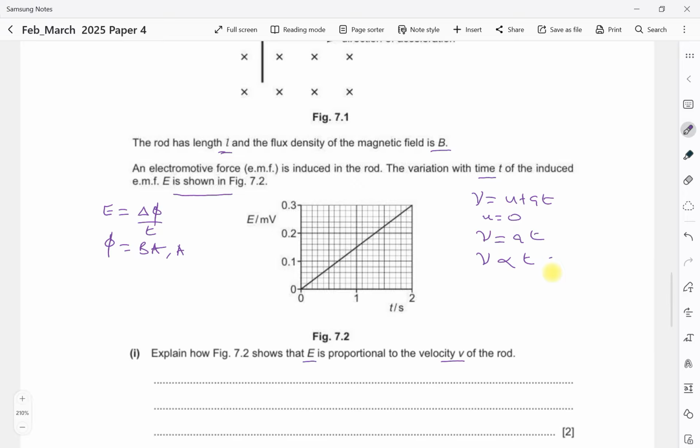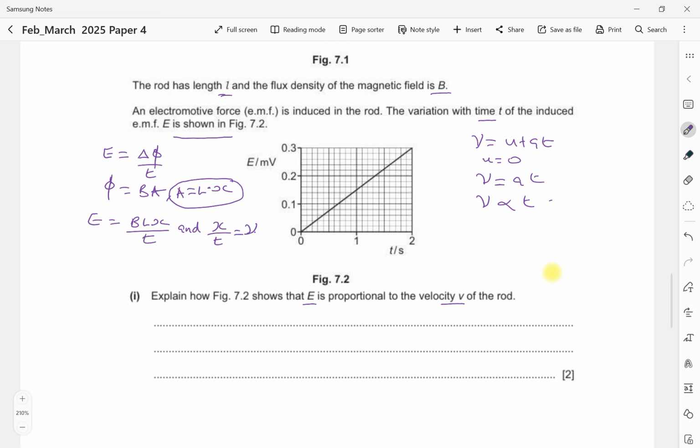So the induced EMF is equal to BL times X divided by T. Not forgetting that X over time is equal to the speed, this means that the induced EMF is B times the length of the conductor times the speed with which the conductor is moving, which means that E is directly proportional to V.